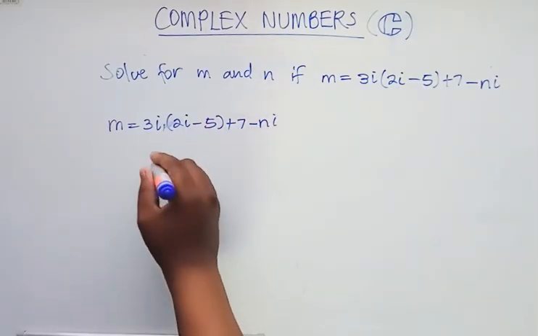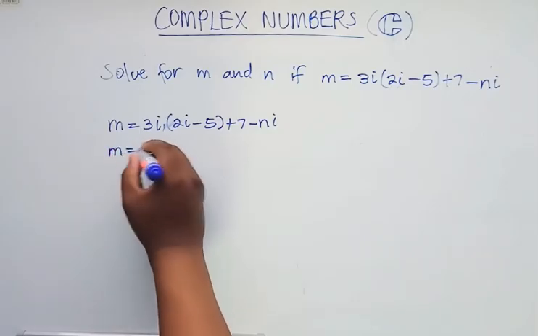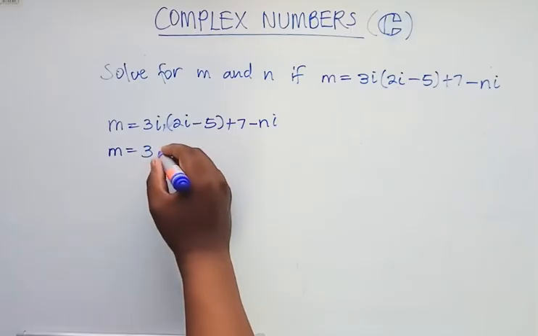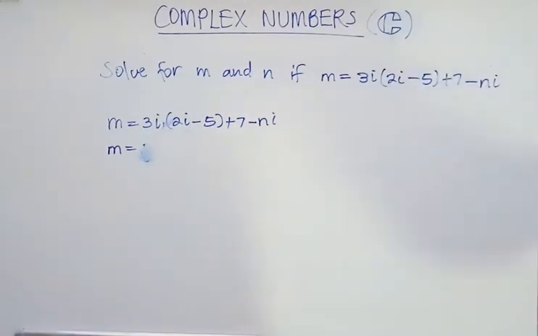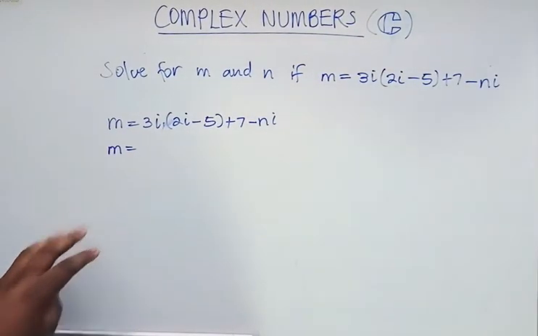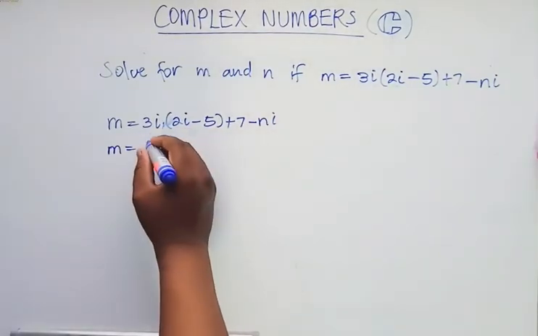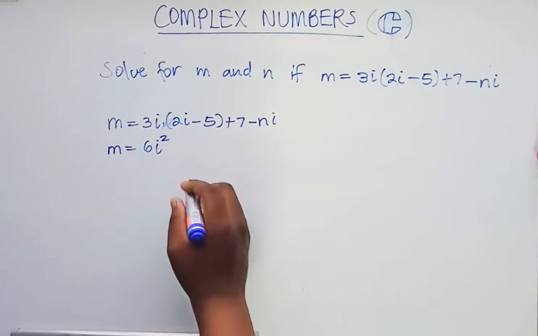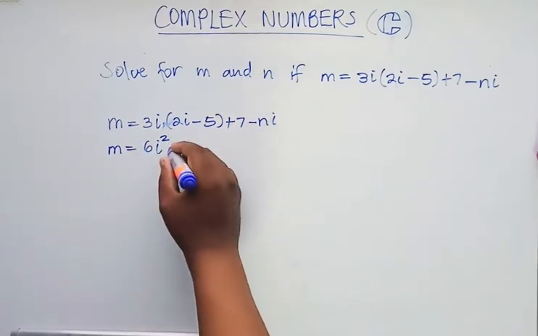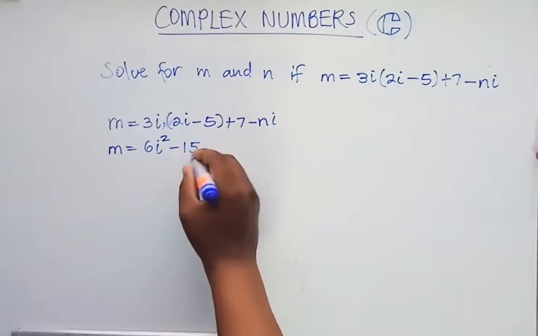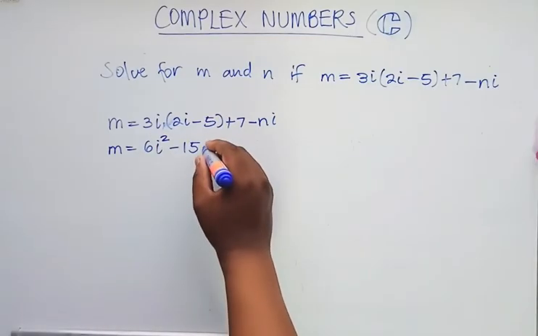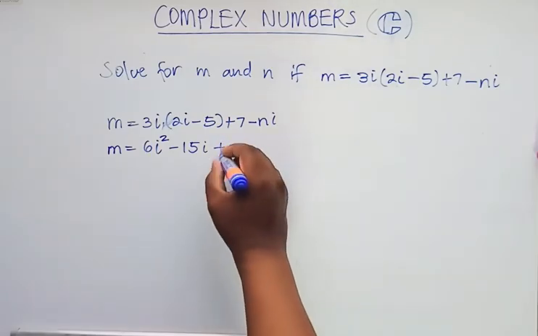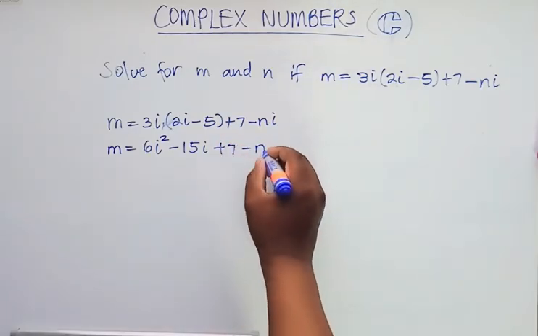Like I said, bracket means multiplication, so I'll multiply 3i by 2i. Those are i's, so I'll have i squared. 3 by 2 gives me 6, i by i is i squared, and then 3 by 5 is 15, so I have minus 15i. I've broken my bracket, and I write the rest, 7 minus ni.